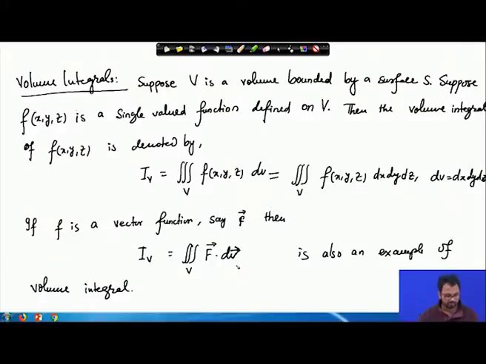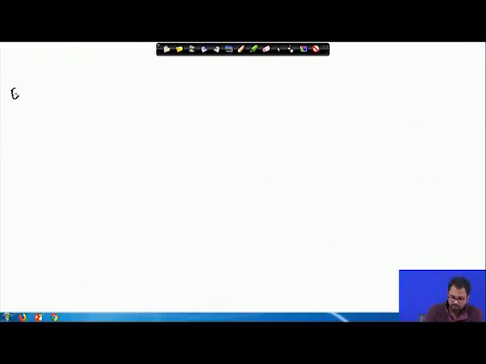Now, let us see if we can solve some examples. I am just looking for an example in my lecture note. Yes. To start with, let me consider this example.